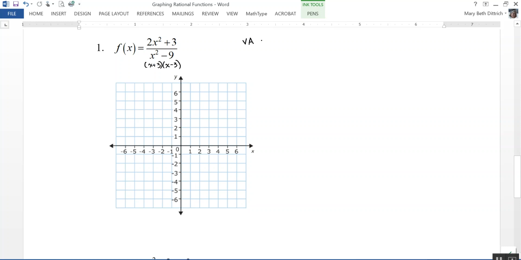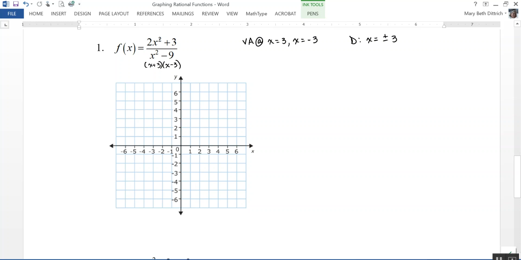Remember, vertical asymptotes, no matter whether it's a reciprocal or rational function, are when the denominator is equal to 0. So I'm going to have vertical asymptotes at x equals 3 and x equals negative 3. That's a little different, that we have two vertical asymptotes. That's also going to tell me that my domain is x cannot equal positive or negative 3.